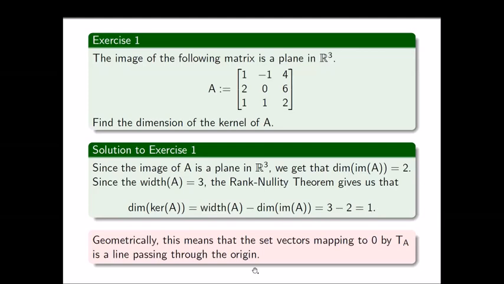So geometrically, what this means is that the set of vectors that are mapped to 0 by the linear transformation corresponding to A is a line passing through the origin. And it's a line because the dimension of that object is 1.